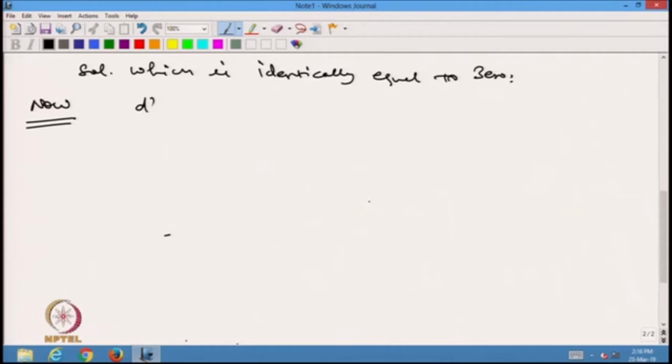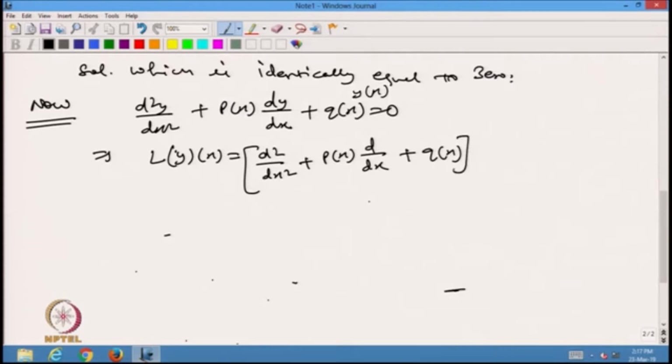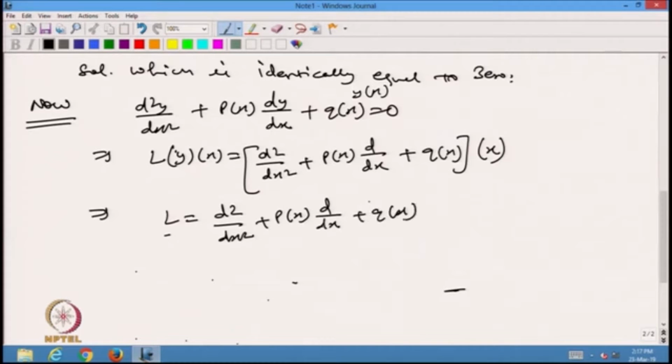The equation d square y over dx square plus p(x) dy by dx plus q(x) y(x) equal to 0 I can write by defining the operator L as d square over dx square plus p(x) d over dx plus q(x), applied on y(x).